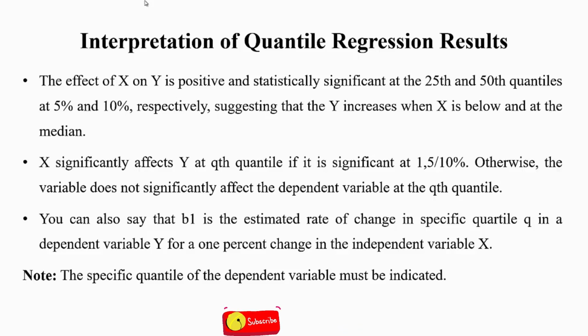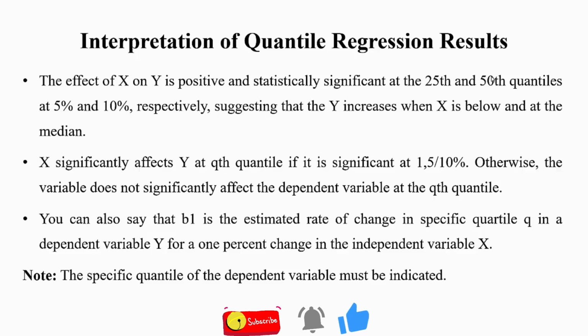So what does this mean? It then means that y increases when x is below the median or at the median. You know, the median for quantile regression is the 50th quantile. That's the 0.5 quantile or 50th percentile.